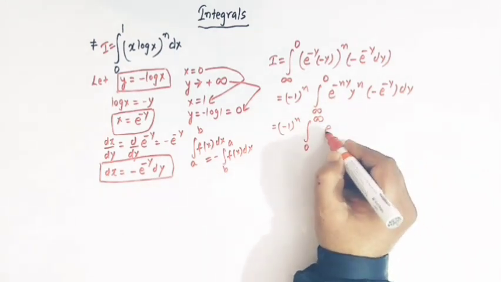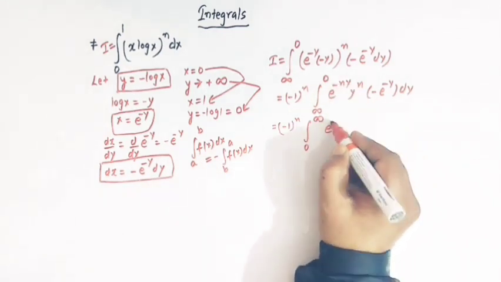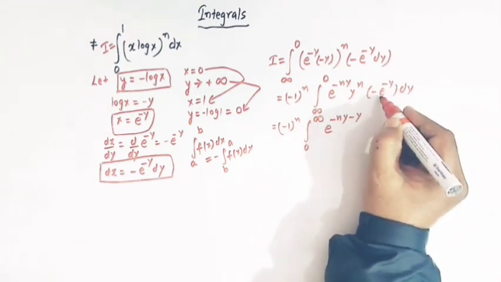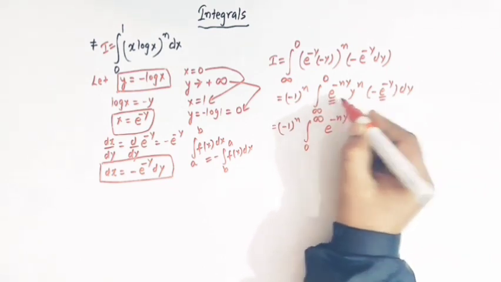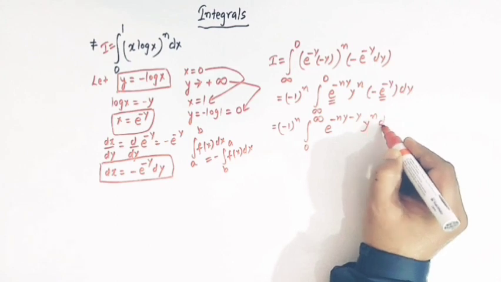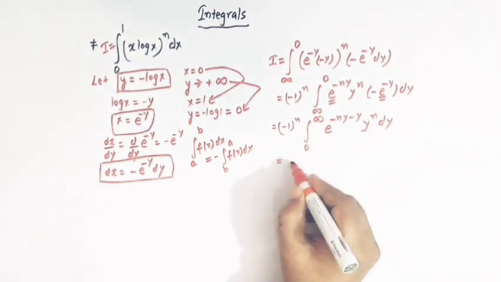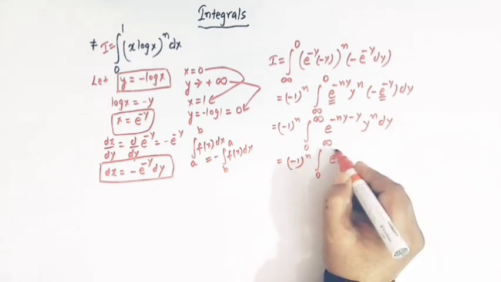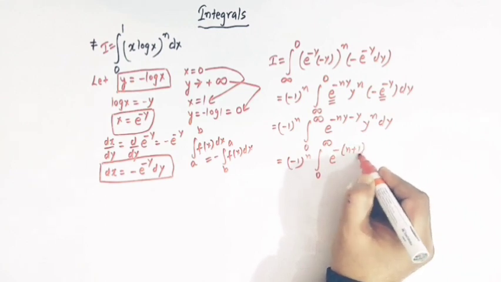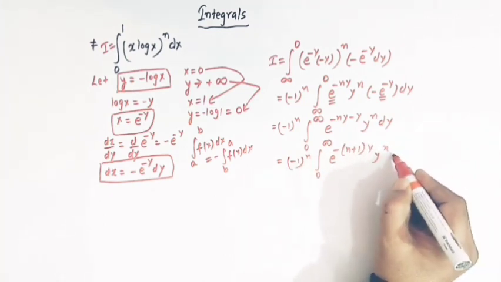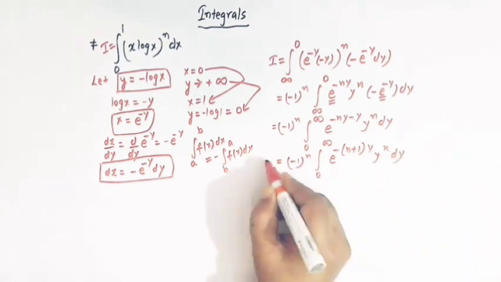So here we have e raised to minus ny, then we have minus y, here we have minus y, and because the bases are same, and here we have y raised to n and dy. So now we can write minus 1 raised to n, 0 to infinity, e raised to minus n plus 1 times y, and then y raised to n, and then dy, right?